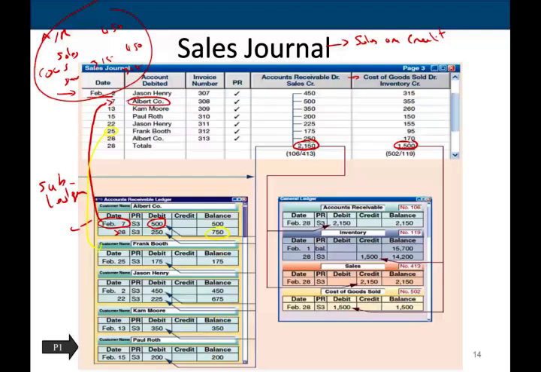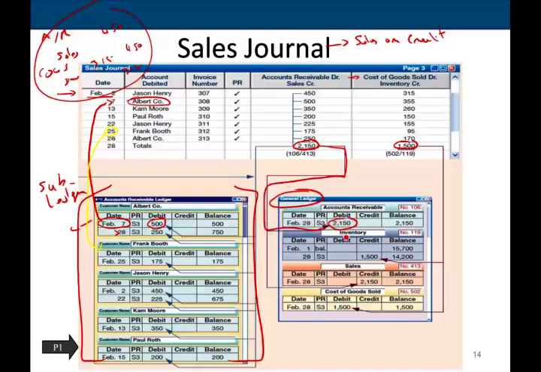When we add up all the subledgers, they should add up to the general ledger. The general ledger accounts receivable is the overall account, 2150. Notice we debit this account only once, 2150, and the balance is 2150.